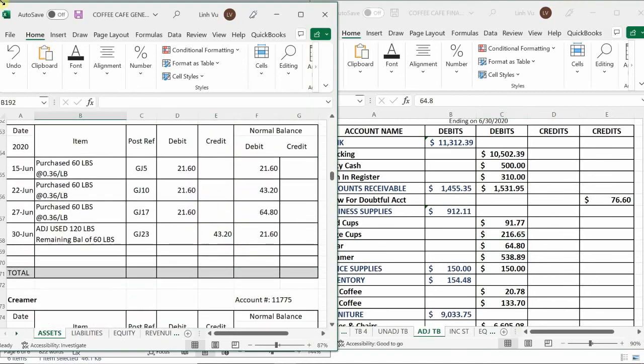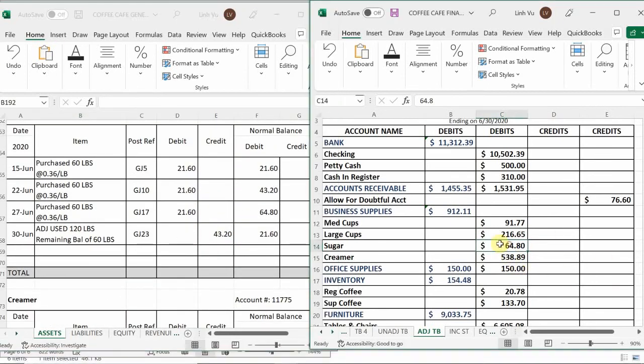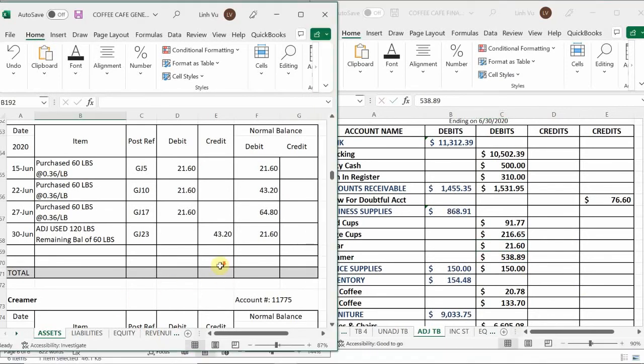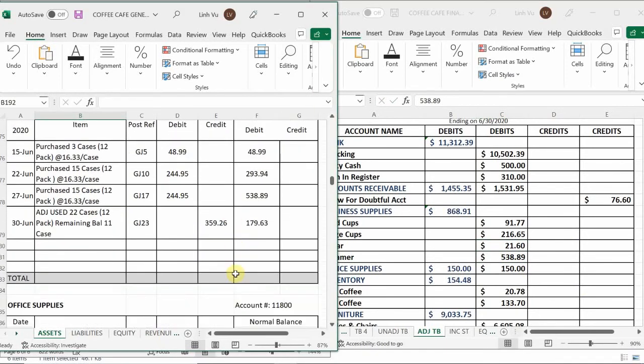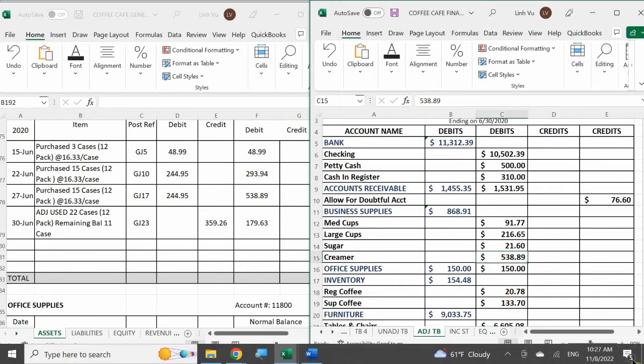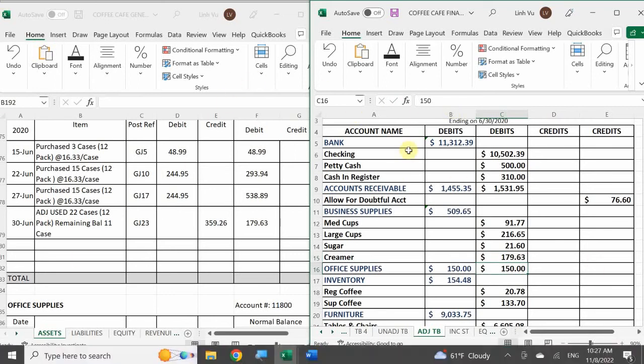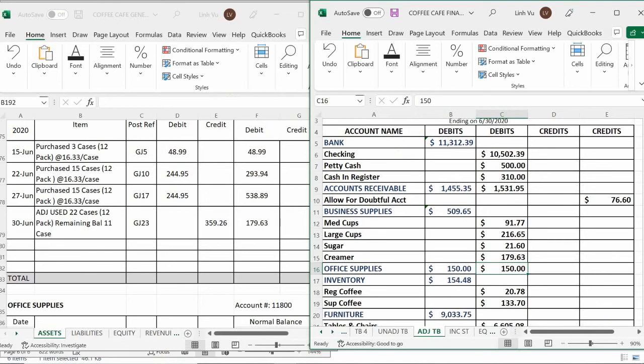My sugar is now 21.60. And my creamer is now 179.63. Now notice this changes my formula up here, because I copied my formula into this to say my total business supplies is all four of these combined. So it's at 179.63. Okay.